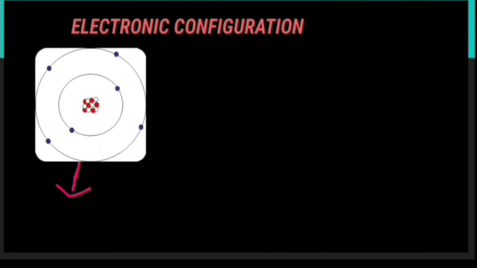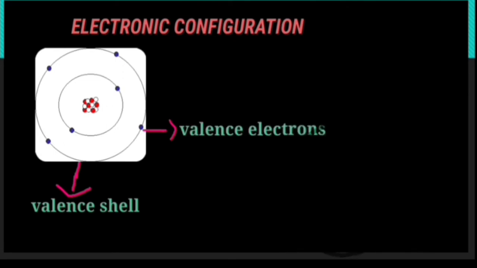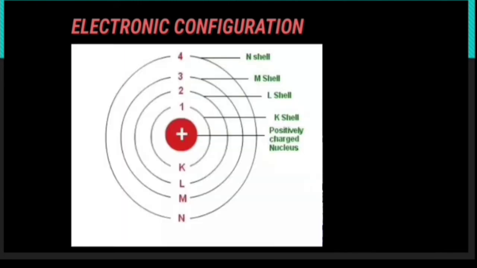In this structure of an atom, the outermost shell is known as the valence shell, and the electrons present in the valence shell are known as the valence electrons. So this is how the respective shells are named. First is K shell, second is L shell, third is M shell, and fourth is N shell.